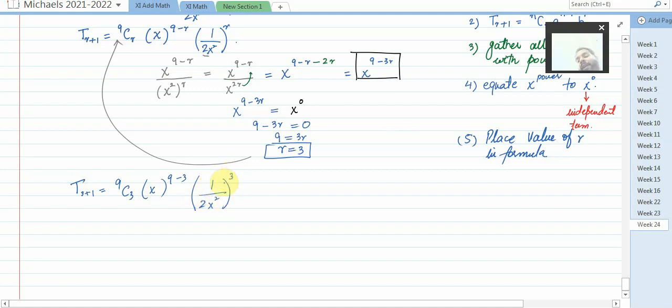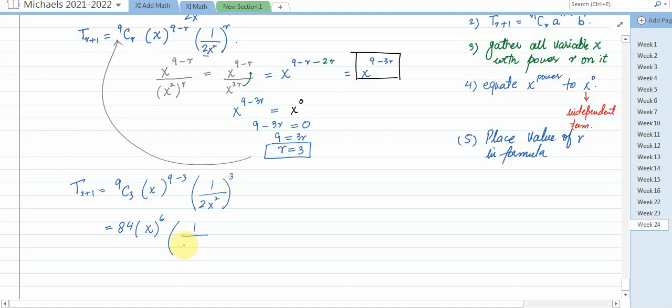We need to simplify this equation now. So it will be 9 combination 3. Let me find out the value. 9C3, it's 84. 84 times x to the power 9 minus 3, which is 6. 1 with any power leads to 1. 2 cube is 8 and x power 2, 3 times, is 6.